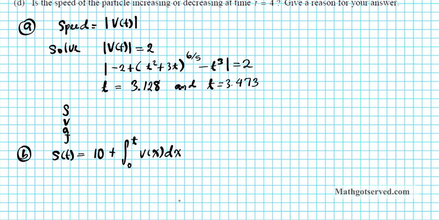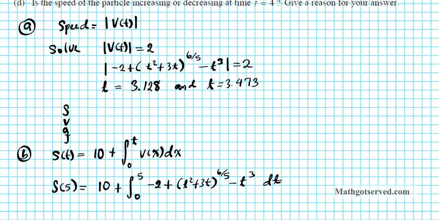Now we're asked to use it to find the particle's position at t equals 5. So we're basically looking for s of 5. So s of 5 equals the original position plus the integral from 0 to 5 of our velocity function, which is -2 plus t squared plus 3t raised to the 6 over 5 minus t to the third dt.